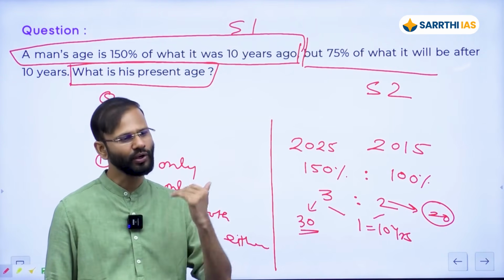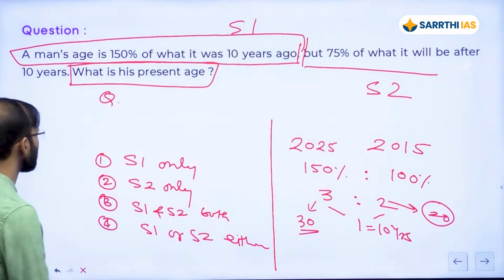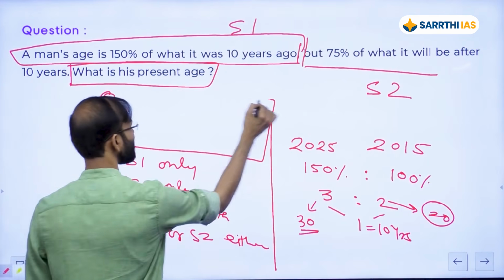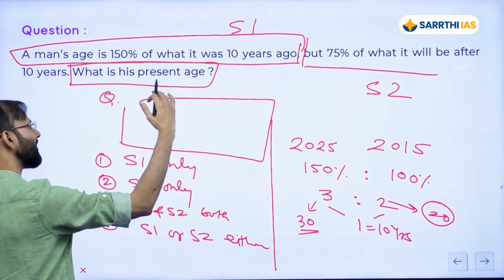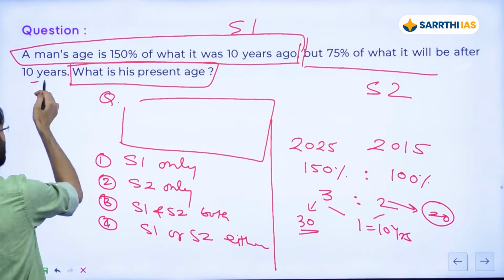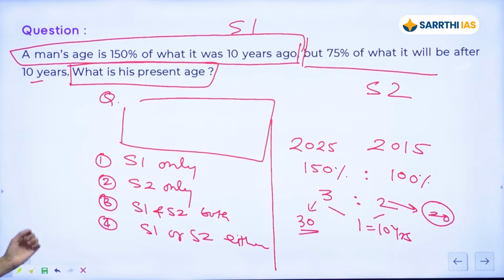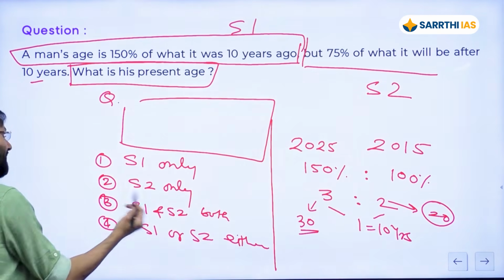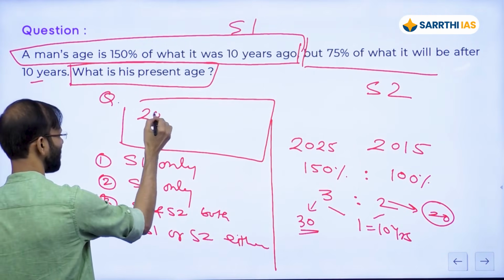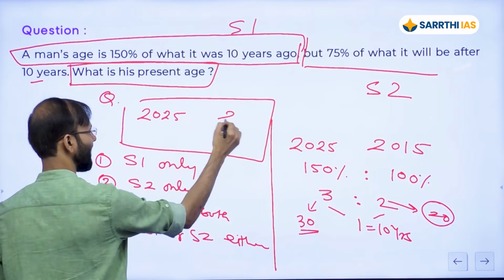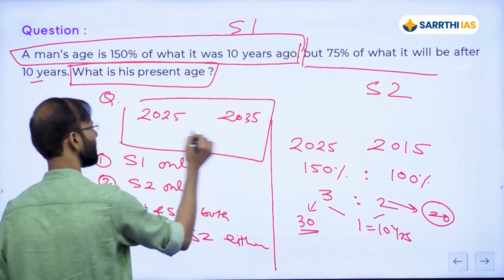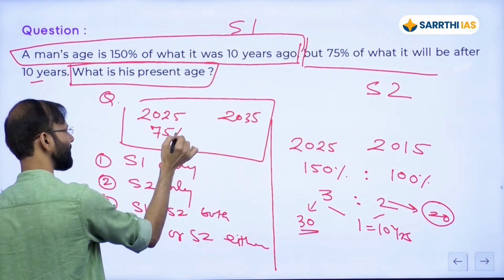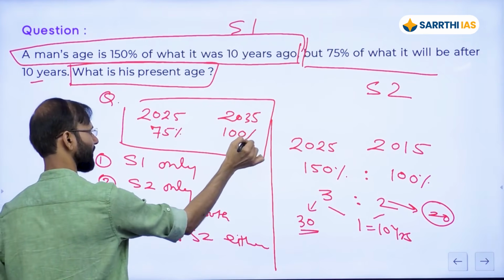Now move to statement number 2. Statement number 2 is saying that it will be 75% of what it will be after 10 years. So today it is 2025 and it is 2035. So it is 75% with respect to this. Correct, everybody?